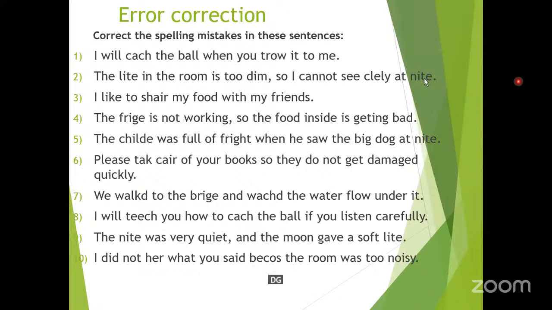Fridge. Okay, good. Another word. Grudge. Grudges or grudge? Okay, grudge. Spell grudge, please.